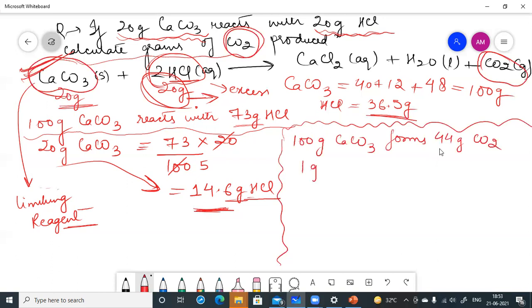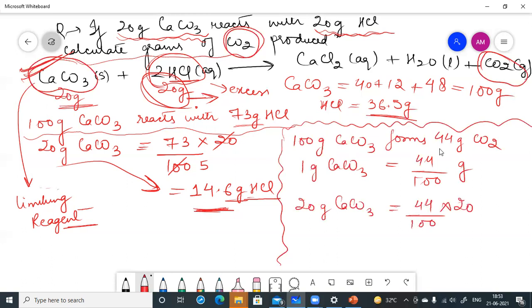So 1 gram of calcium carbonate will form how much CO2? 44 by 100. And 20 grams of calcium carbonate will form 44 by 100 into 20, that is 8.8 grams.